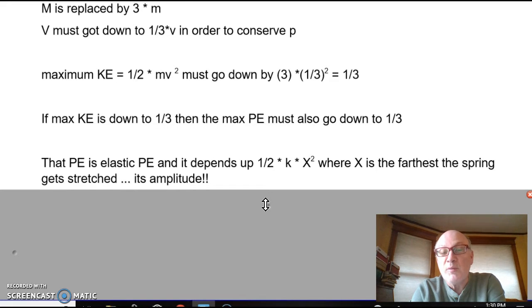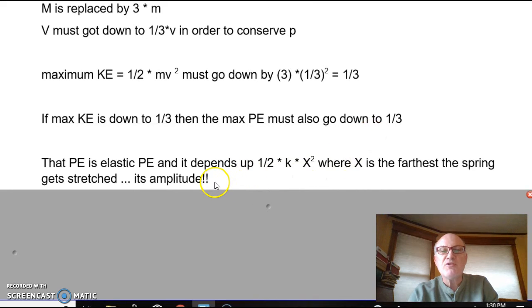And in fact, that's what we call the amplitude, right? The furthest it gets stretched horizontally becomes its largest value away from the equilibrium position. So the potential energy goes down to 1/3 of what it was.